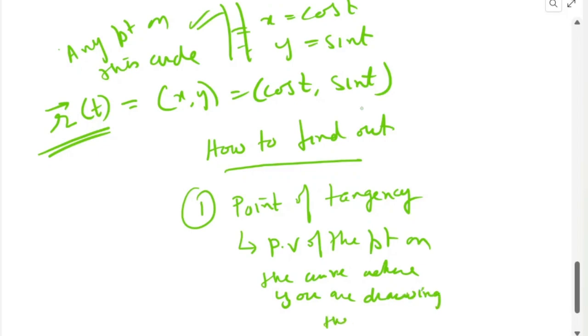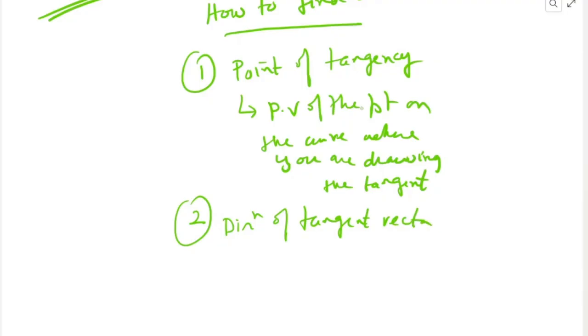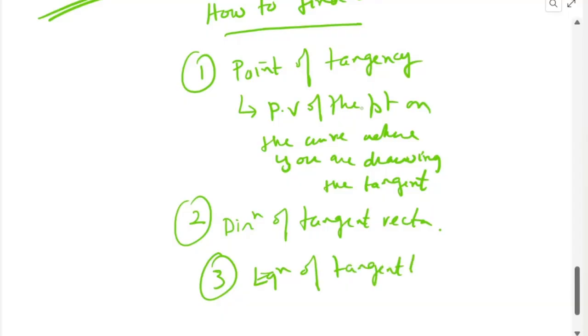Then we will find out the direction of the tangent vector. And third, the equation of the tangent line. These three things we will learn how to find using the differentiation of vector point functions. This is the main thing we will do right now.